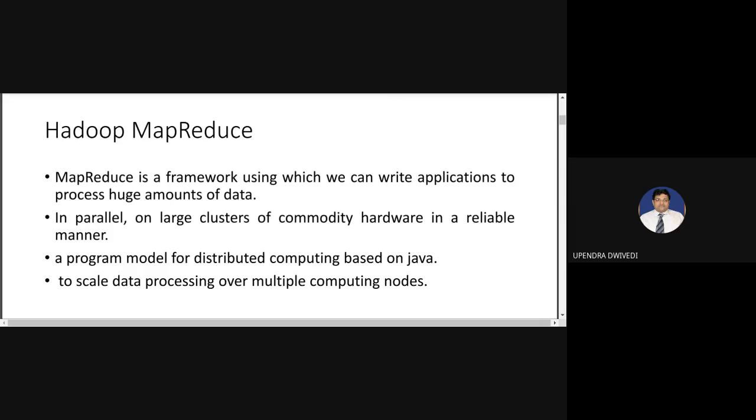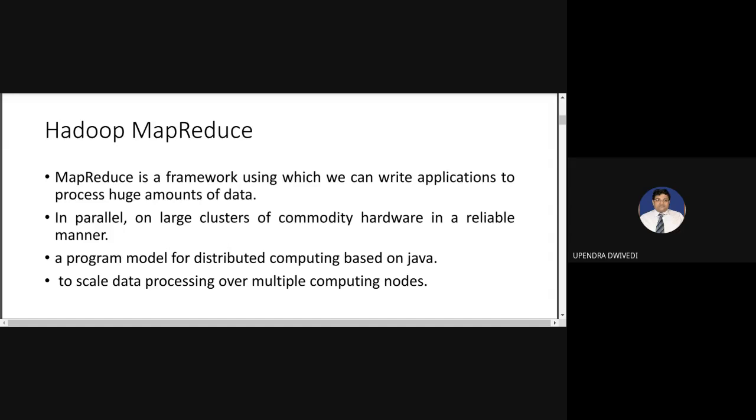When you provide big data as well as your programming logic to the MapReduce framework, it will take the data, apply the processing logic, and whatever result it generates will be displayed to you.